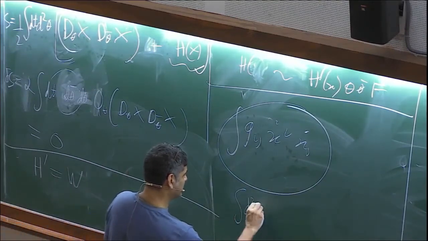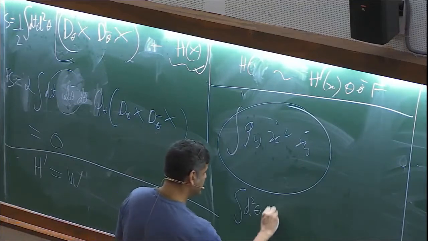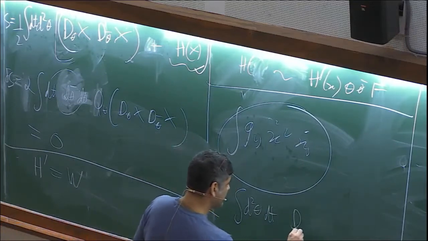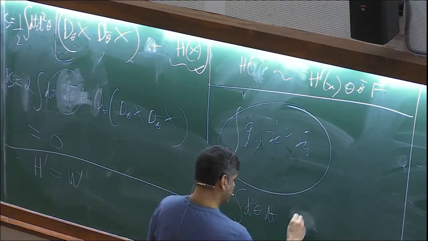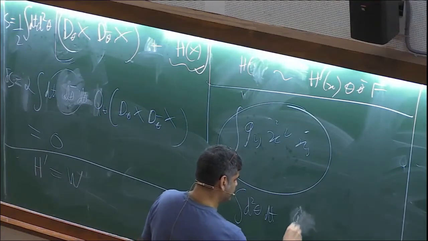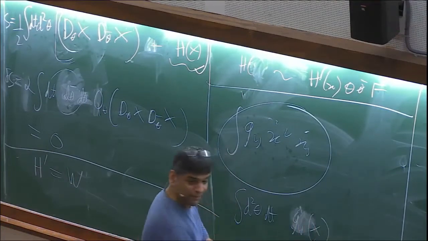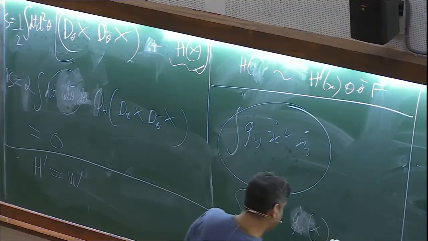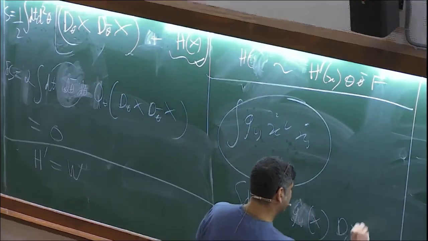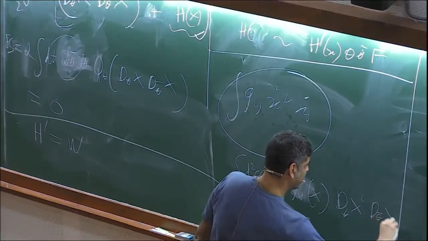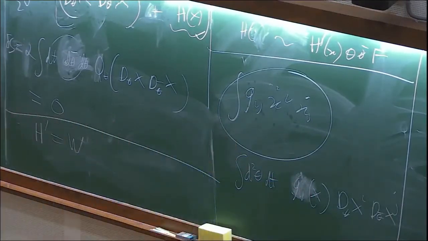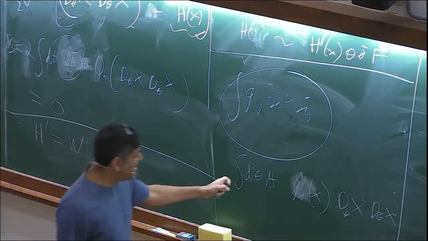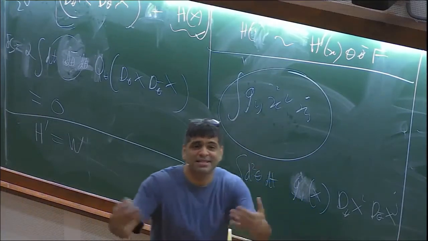Just write the integral d2 theta dt of g_ij of x, the superfield, times D theta x^i, D theta bar x^j. This quantity is manifestly supersymmetric for the reasons that we talked about before.